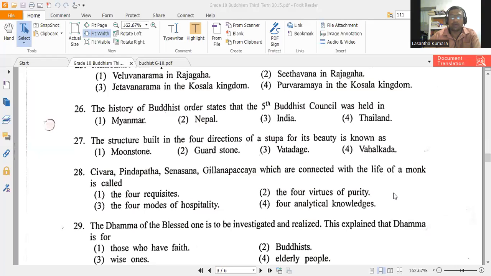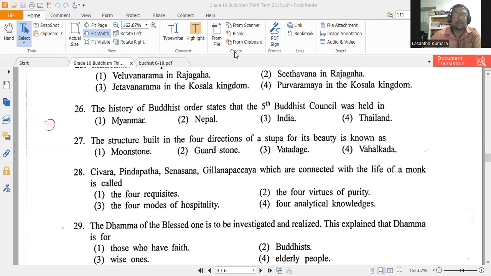Yeah, the Chivara. So we were talking about the 28th question. Chivara, Pindapata, Senasana, Gilanapachya, which are connected with the life of a monk. The four requisites. Yeah, four requisites. I think only one student is talking.